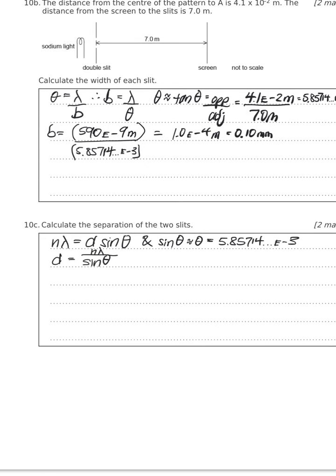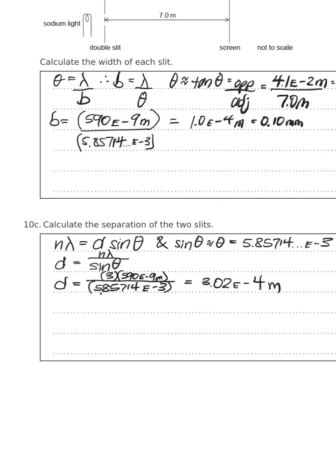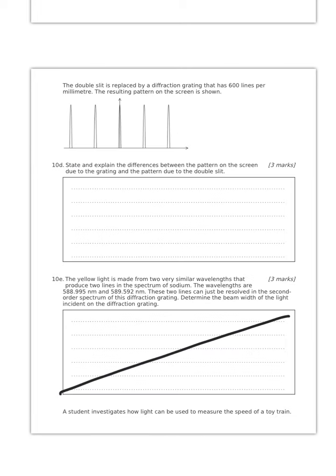So we can stick that in for theta, and we wind up with a slit separation of 3 times 10 to the negative 4 meters, which does correspond to the answer key. And so don't forget that you can use the diffraction grating equation for multiple slits with only 2 slits. It still works.